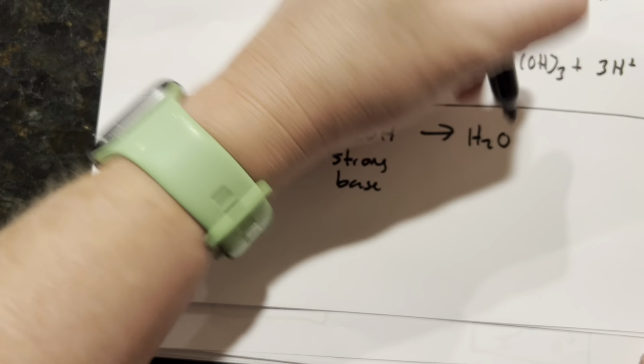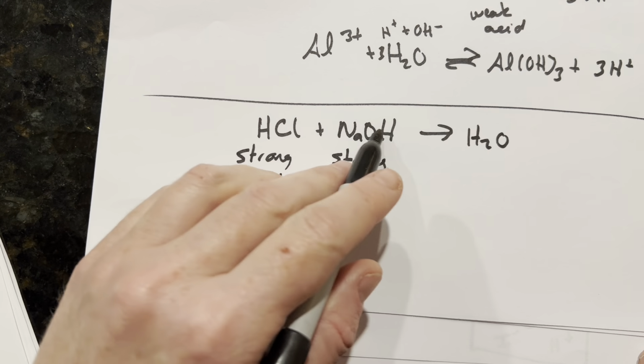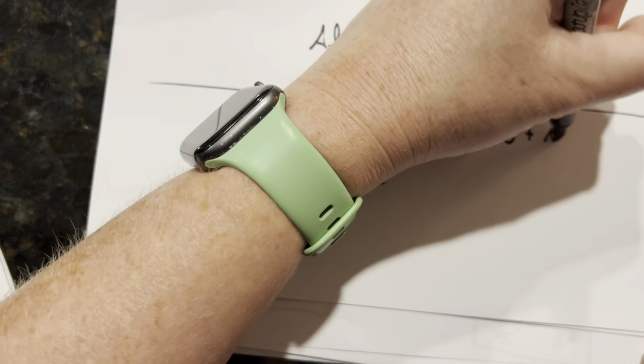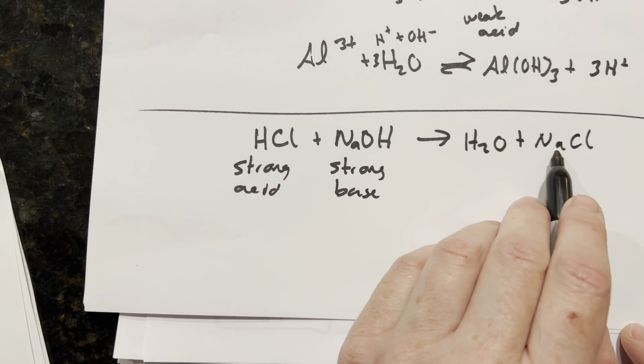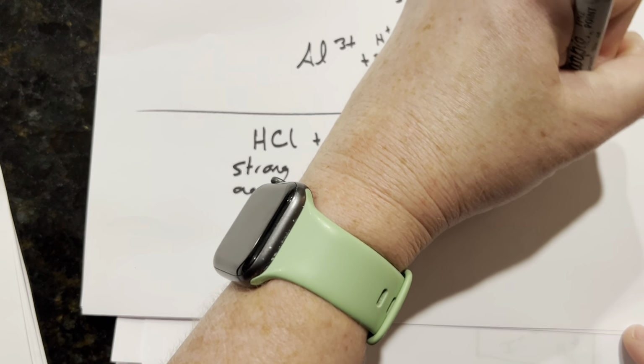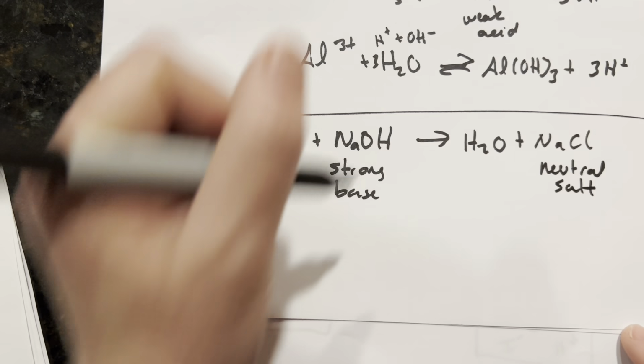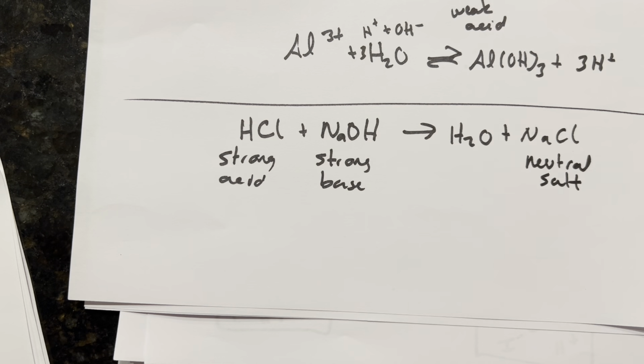What you're going to get is water. That goes over there. And whatever's left, NaCl. Because it's strong and strong, this is going to be a totally neutral salt. And we call it a salt when you have an ionic compound that's made from the leftovers of some acid and some base mixing together.